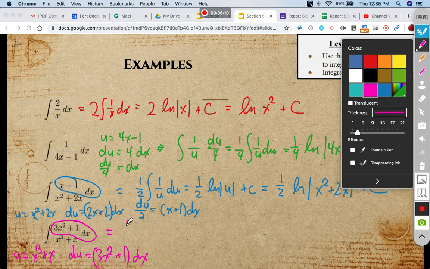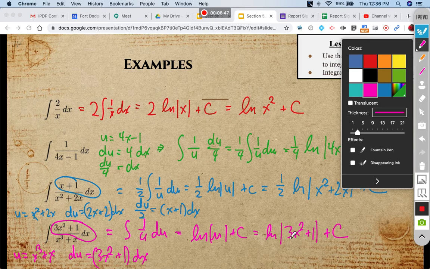So we again get that integral of 1 over u du. So that is just going to be the natural log of, oh, I'll write it all out. Natural log of u plus c, or the natural log of 3x squared plus 1 plus c.